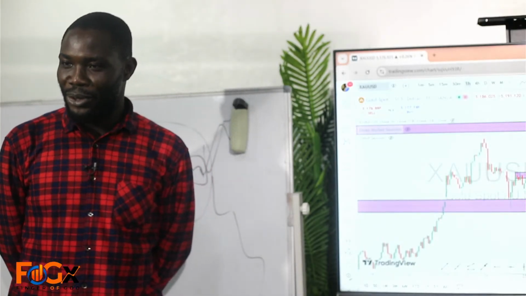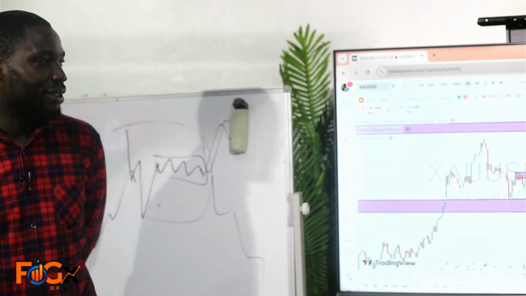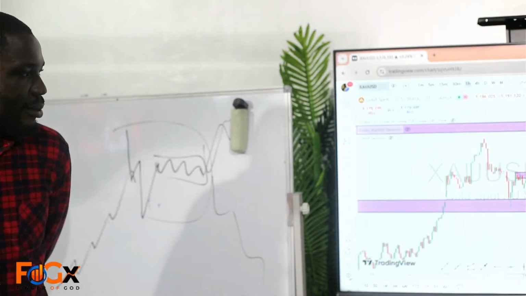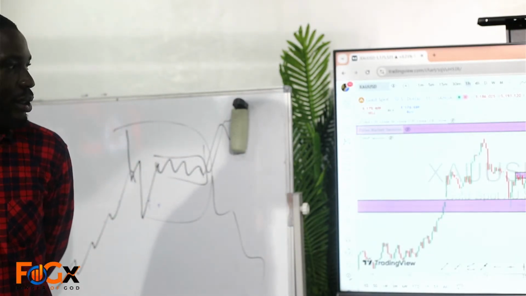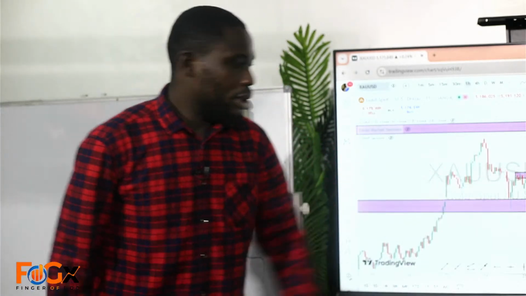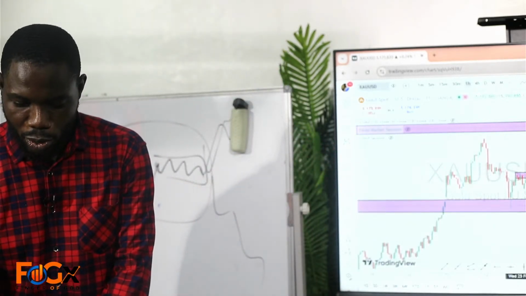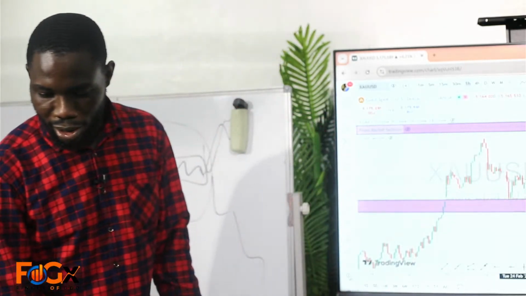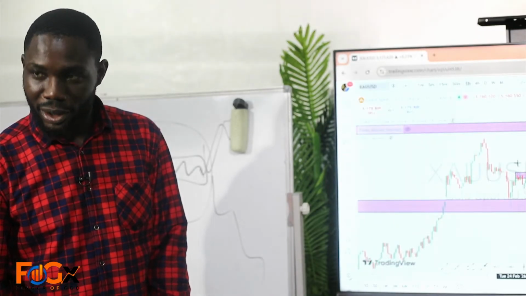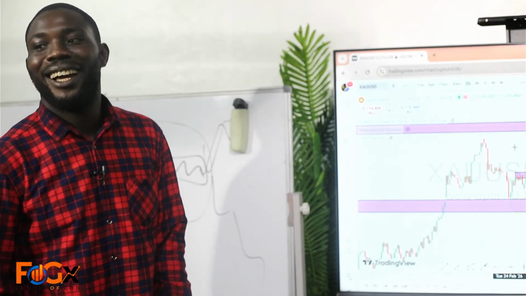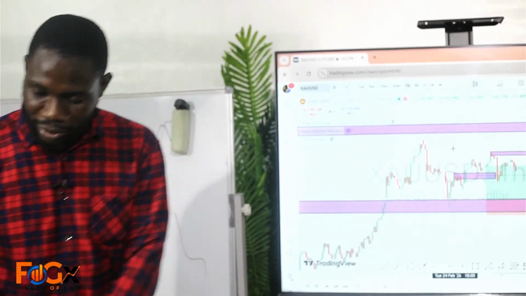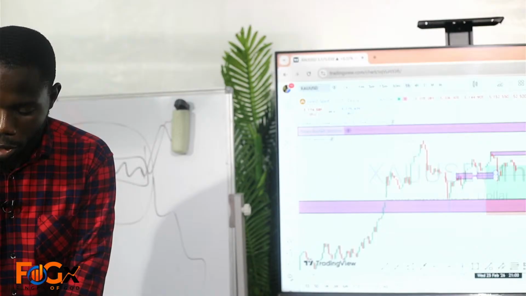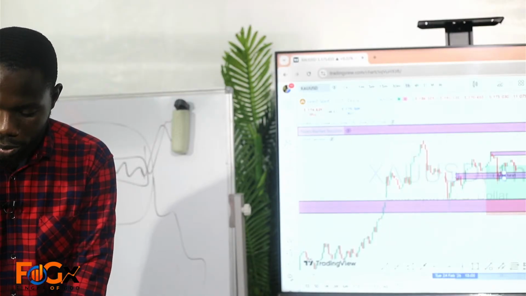Are you confused? Okay. Which one? This one here, the up one. It can still get to that side. Okay, you are calling this place a key zone.